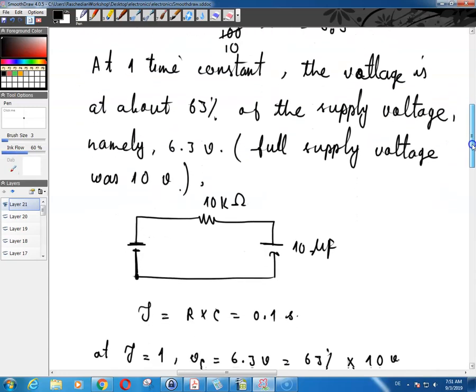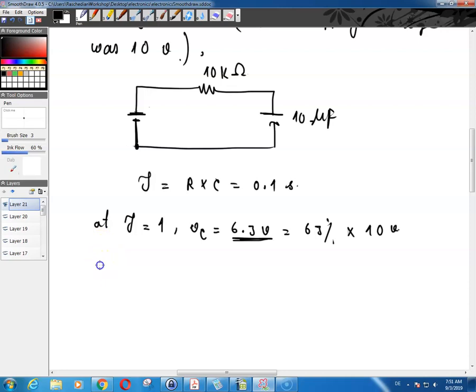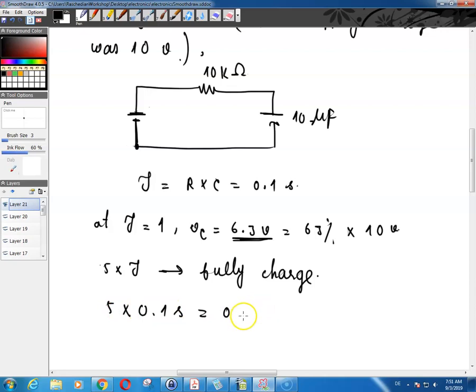So this capacitor is going to charge fully in 5 times tau, which is 5 times 0.1 seconds, which is 0.5 seconds. So in 0.5 seconds your capacitor is going to fully charge all the way up to 10 volts, the full supply voltage. So that's basically that.